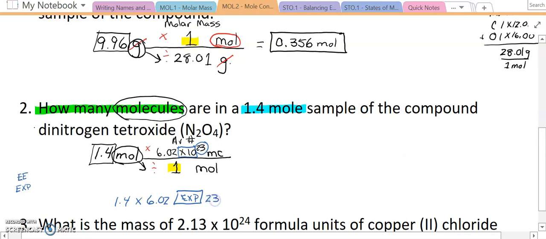So I'm going to put 1.40 times 6.02 EXP 23, and I'm going to divide by 1 before I hit equals. So 1.4 times 6.02 EE or EXP and only put in the power of 23, and I'm going to divide by 1, and my calculator is going to come out with, well, there's a decimal number here.